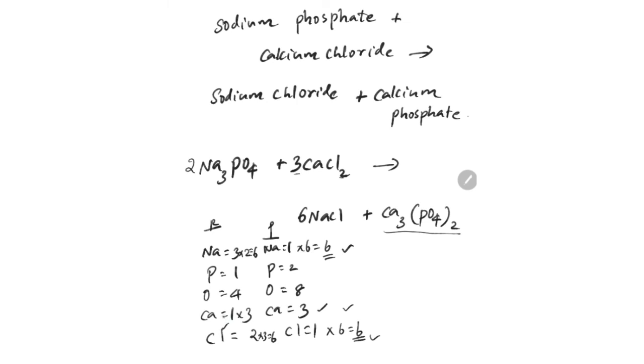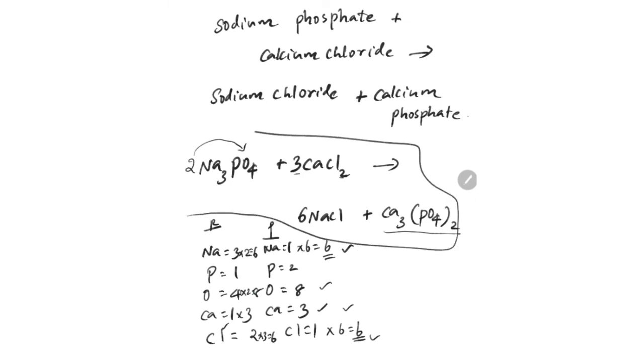What is remaining? Oxygen. Oxygen here, 4 times 2 is 8. Now this has also become 8. This 2 multiplied by 4 has become 8. Now the entire equation is balanced. This is how to balance any complex equations when you are getting a word equation also.